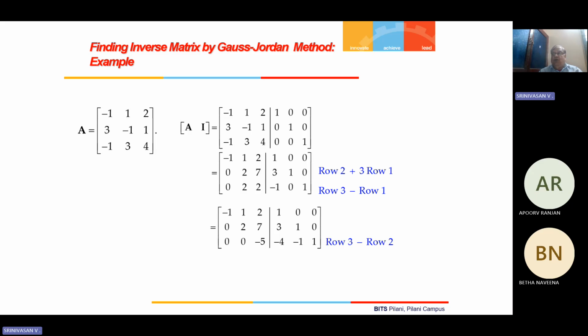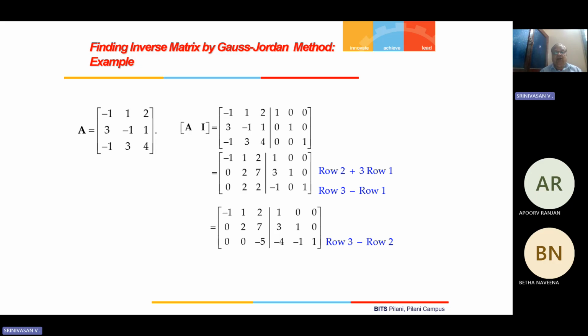The same way you have to do for R3 in terms of R1 only. For that, now this has to be made 0, that is first column, third row. The first element is minus 1. So how will you get 0? R3 plus R1: minus 1, minus of minus 1, plus 1, that is minus 1 plus 1, 0.